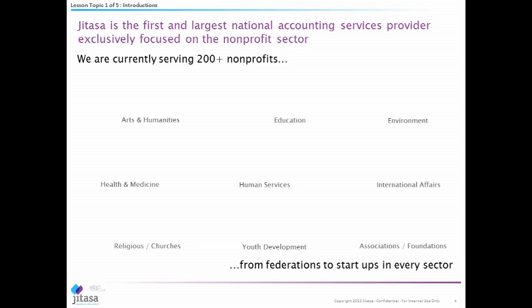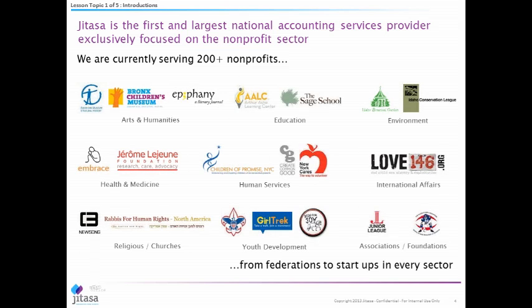As far as who we are, we're with Jitasa, and we are the first and largest national accounting services provider, and we're exclusively focused on the nonprofit sector. We currently have over 200 nonprofit clients, from federations to startups in every sector. And here is a sampling of our clients. The good news is it really allows us to bring a lot of expertise to the table around this topic.